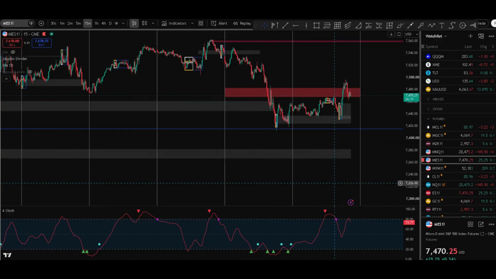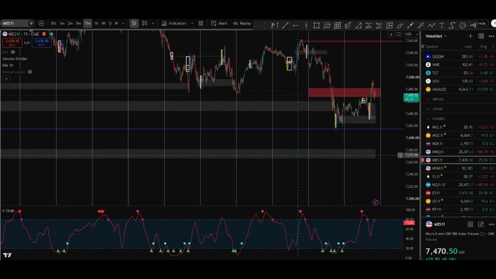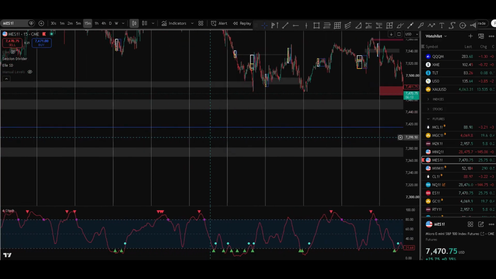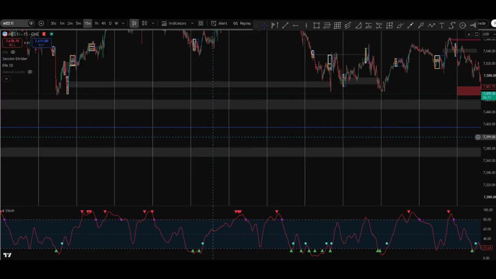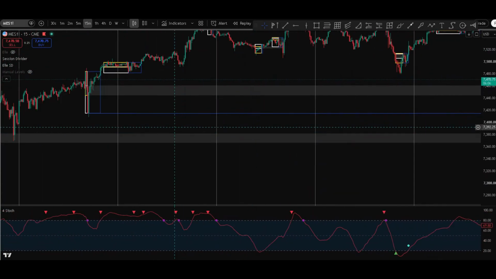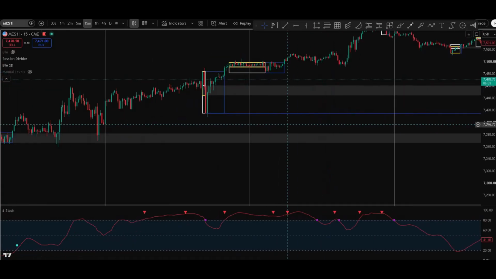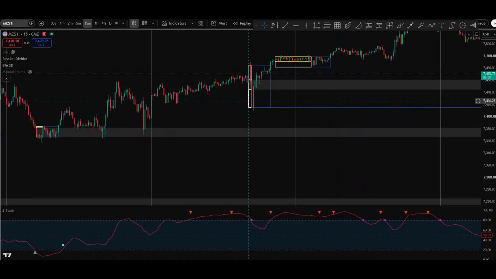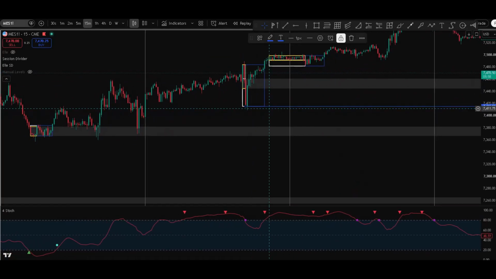Okay, so here we are on the 15-minute chart. And I'm just going to scroll back here so that we can see where this line came from. So if we take a look here, there's a containment zone. And we extended the bottom of that containment zone. You can see that the line is there, and we just extended that line.